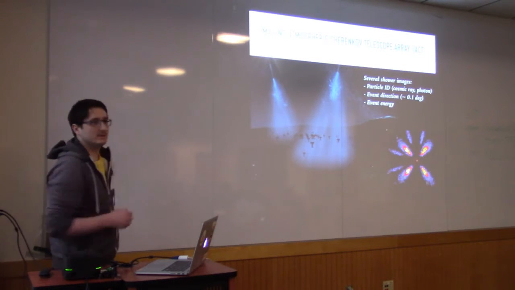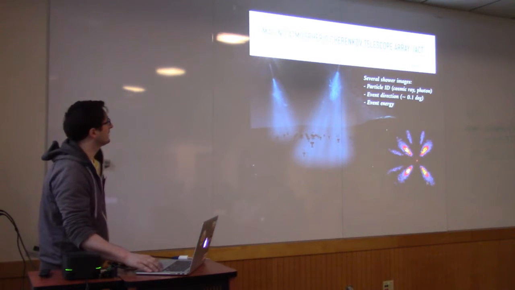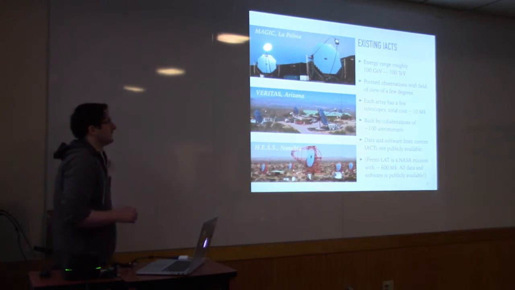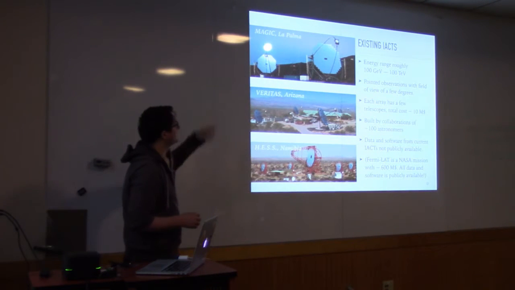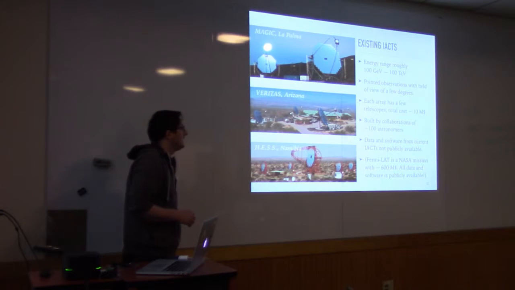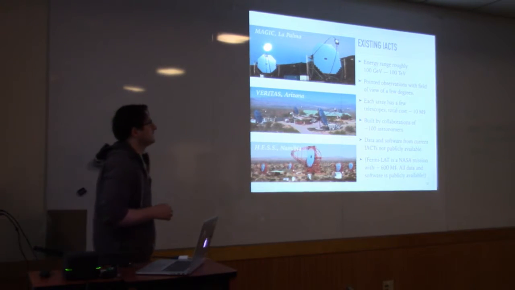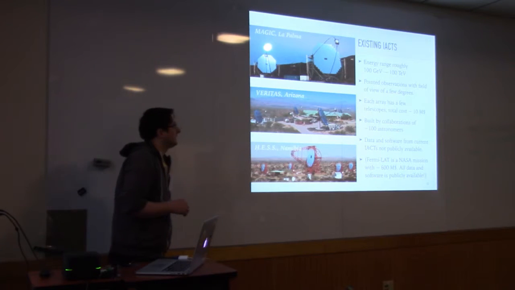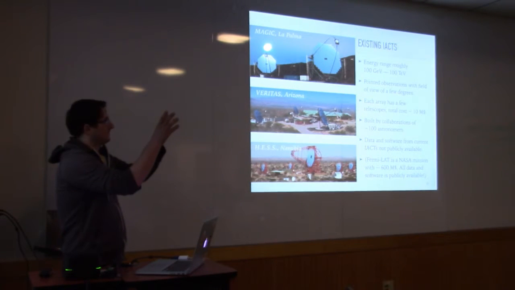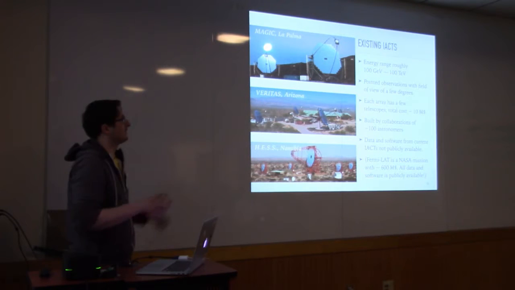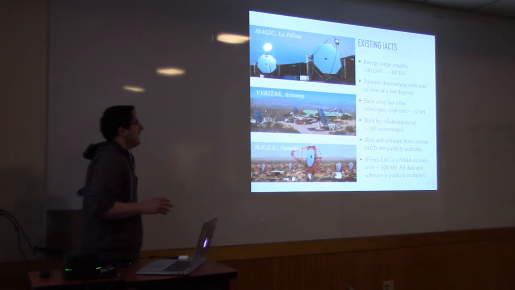These are IACTs, Imaging Atmospheric Cherenkov Telescopes, and the currently existing instruments are MAGIC in La Palma, VERITAS in Arizona, and HESS in Namibia. They cover roughly the energy range of 100 GeV to 100 TeV, and they do pointed observations at a given point in the sky with a field of view of a few degrees.